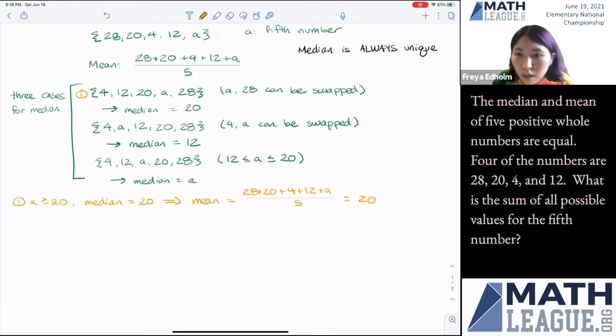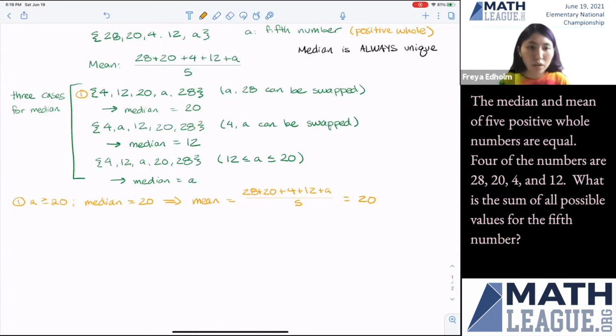There's a question about whether A can be negative. The question says that there are 5 positive whole numbers. Let me write that down. In data sets in general, we can always have negative numbers, and we can have fractions, that's okay. But in this case, we are only going to have positive whole numbers.